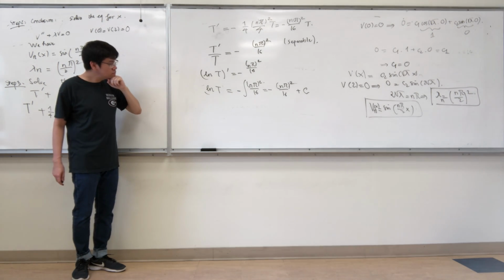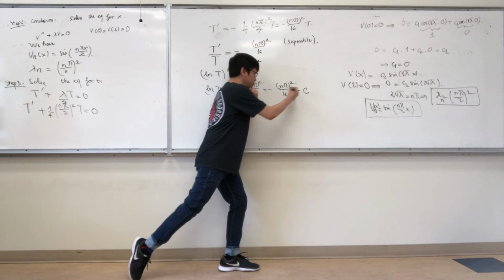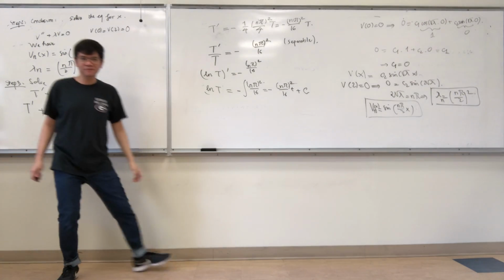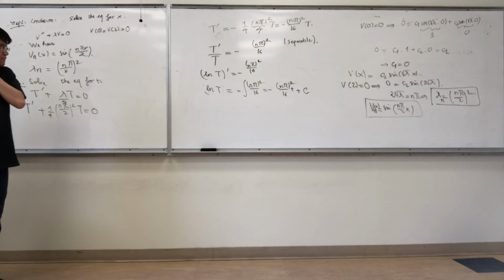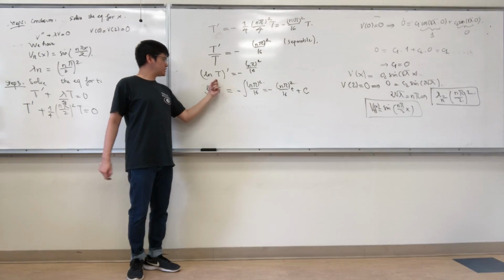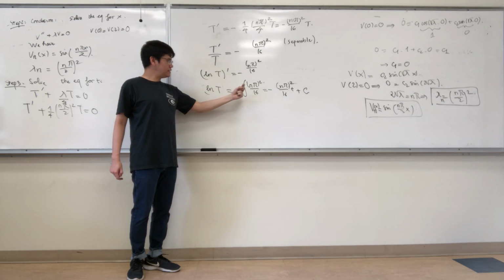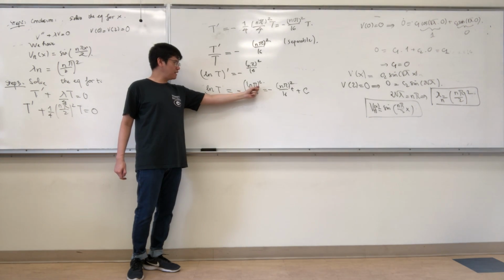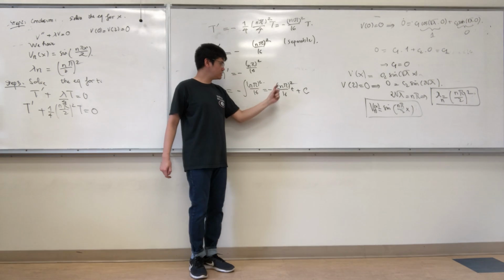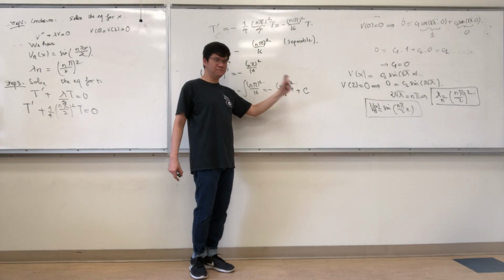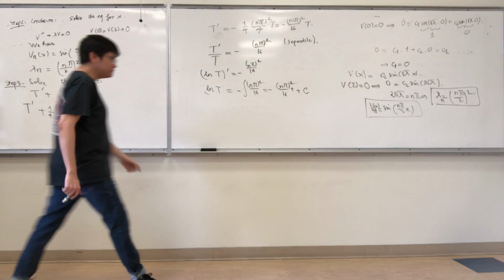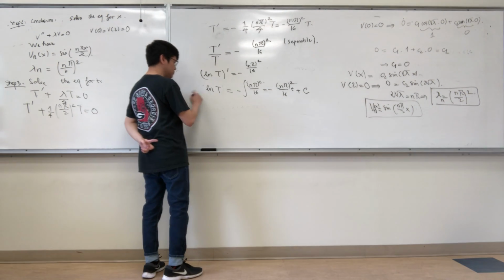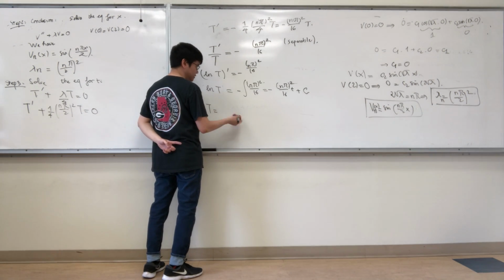Right, so now you're going to integrate. So log t will be the antiderivative of n pi squared over 16, and so this is minus n pi squared over 16 t plus a constant, right? So to find t, I just have to take the exponential.